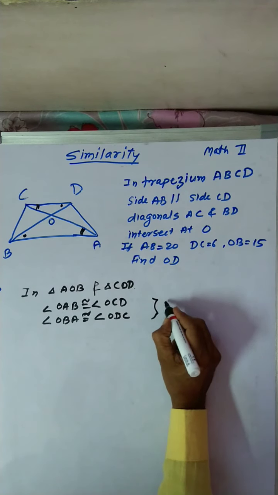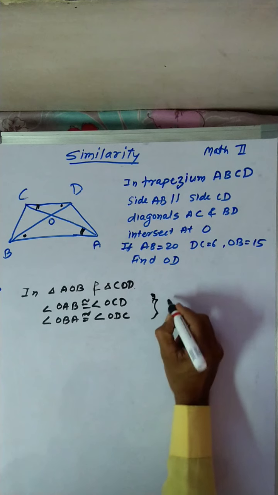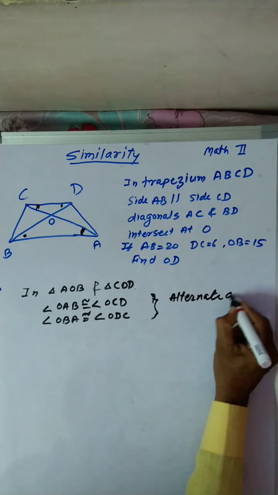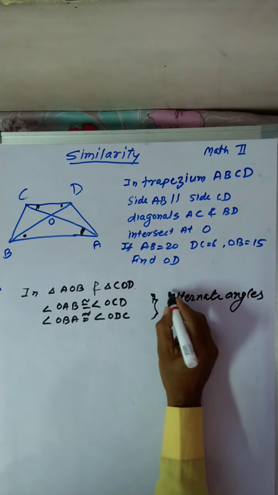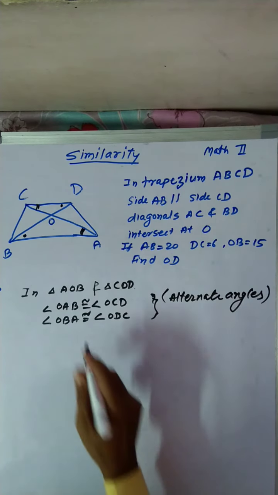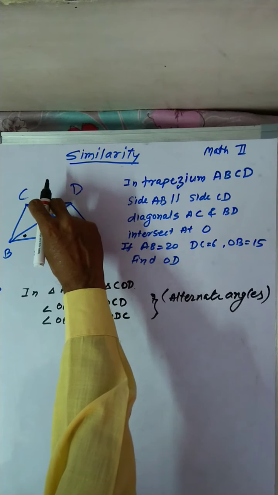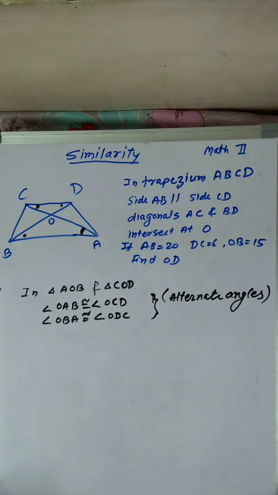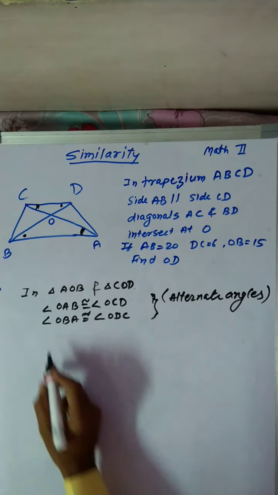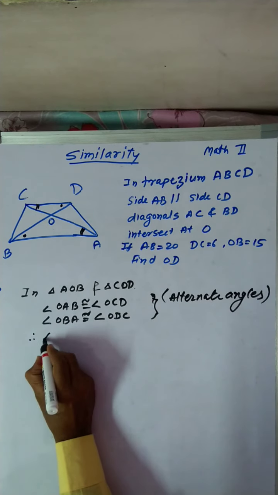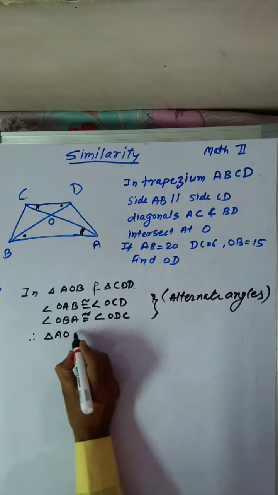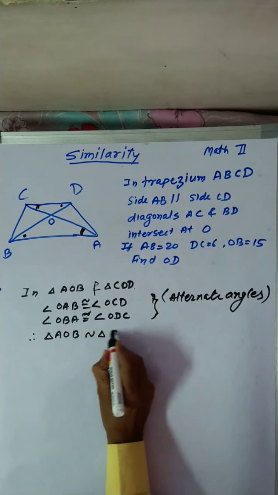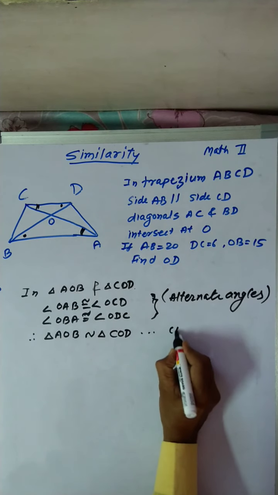Both are alternate angles. The reason is we can show that these two angles are also congruent because these are the vertically opposite angles, which are also congruent. Okay, now we showed two angles, that means these two triangles are similar by the AA test. Triangle AOB is similar to triangle COD by the AA test.